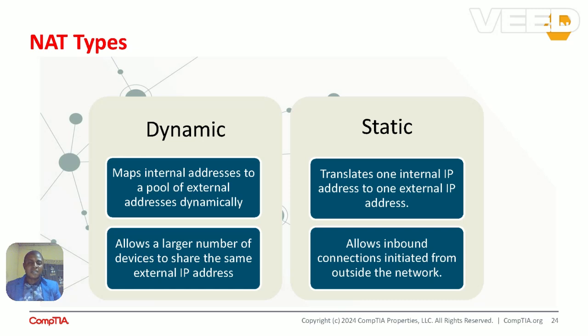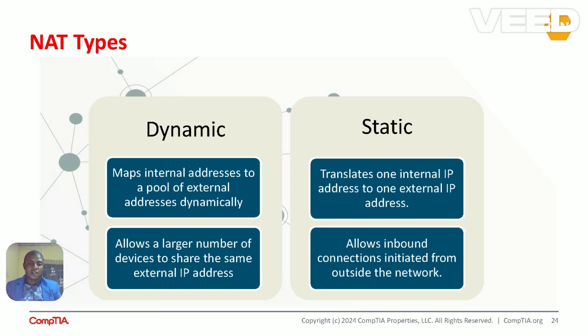but the static one translates, number one, one internal IP address to one external IP address. So it is one to one. Number two, it allows inbound connections initiated from outside the network.